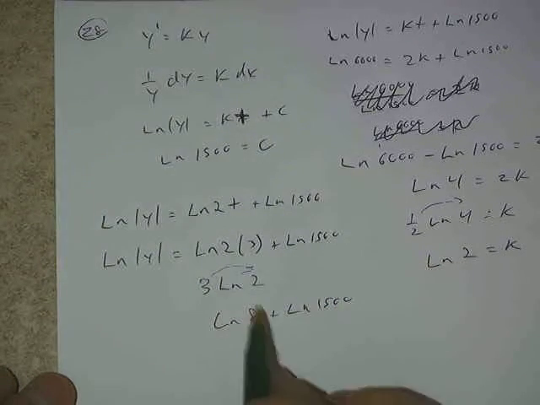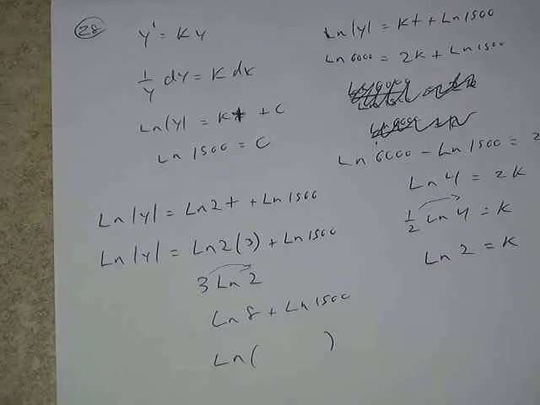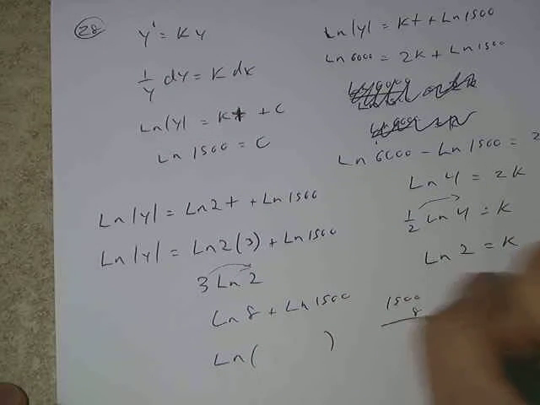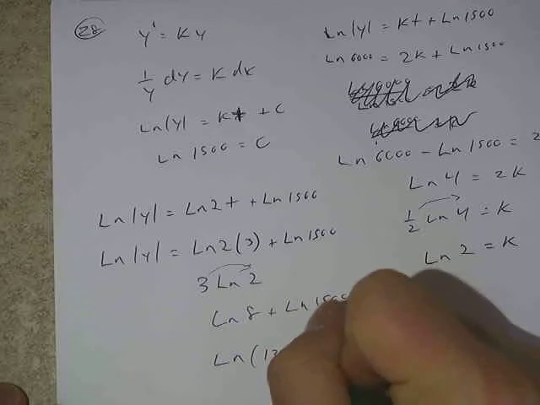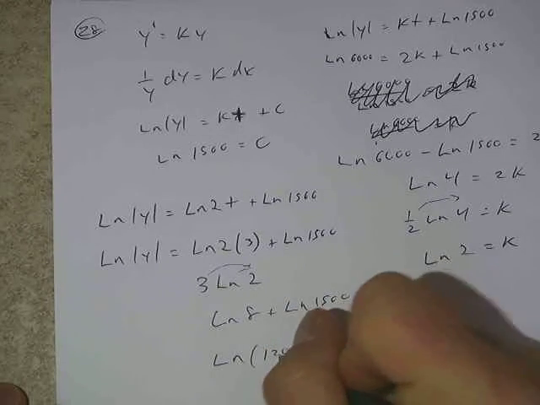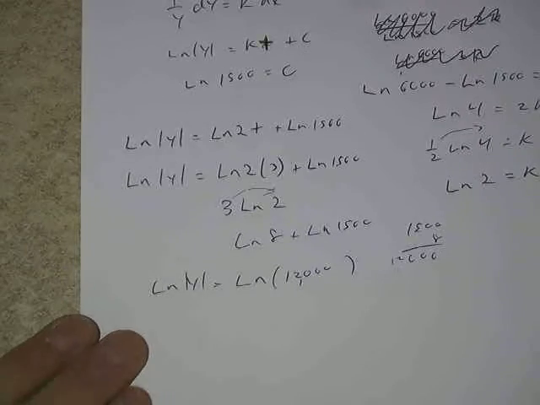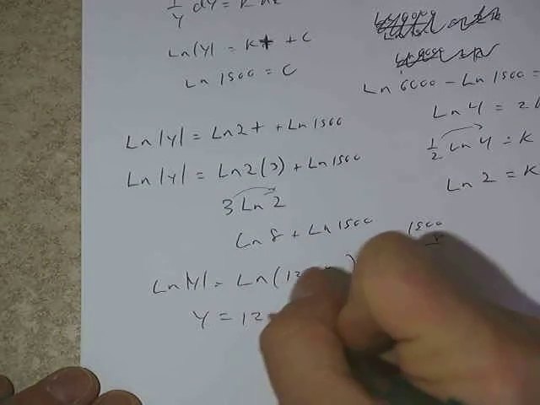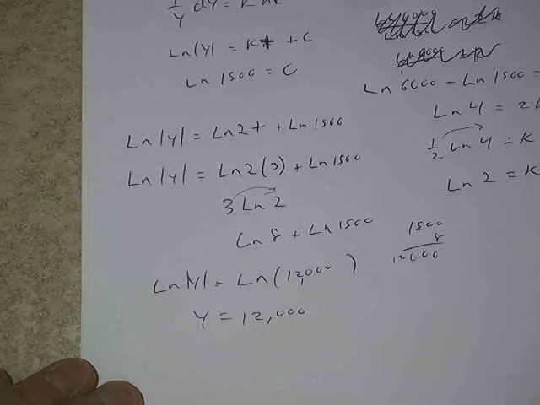Alright, and these two would be the multiplication of each other, so 8 times 1500 should be 12,000. All the while, we're trying to solve for y, so if we compose both sides with e, we would just get that figure 12,000, and that would be our population after the 3rd day.